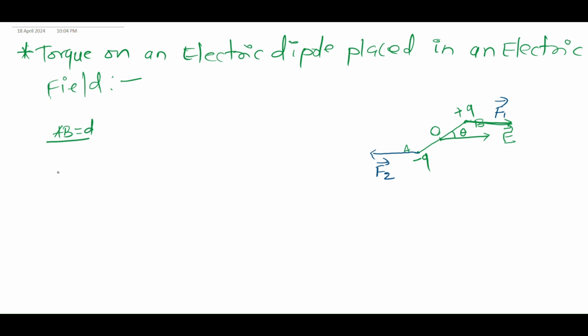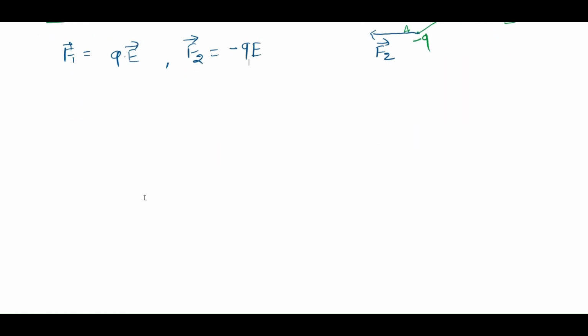So the force F1 is given by qE, and in the same way the force F2 is given by minus qE. Now we have to calculate the torque. So due to these two forces, the electric dipole experiences a torque.